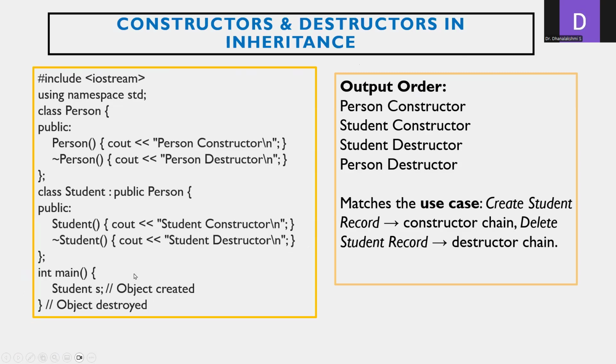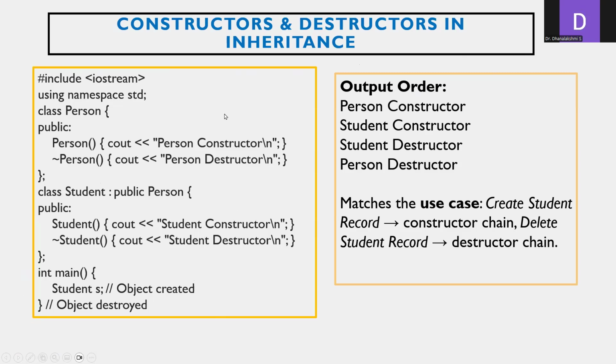Now coming to the main function, we create a simple object named s of the class student. Now here's what happens automatically in sequence. Let's see step by step, the execution flow. So when this line, student s, runs, C++ first calls the constructor of the base class person and then the constructor of the derived class student.